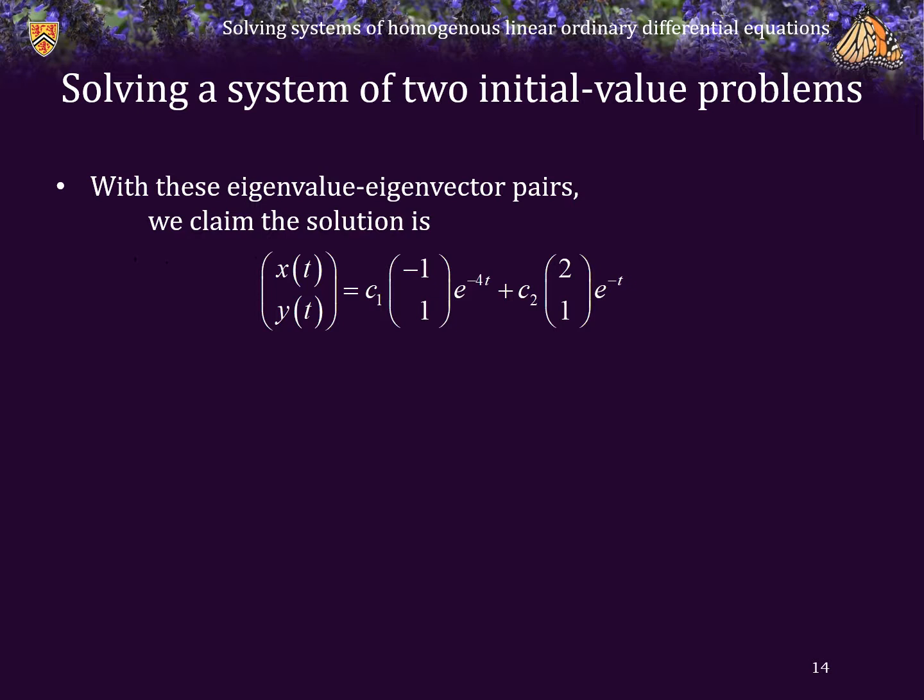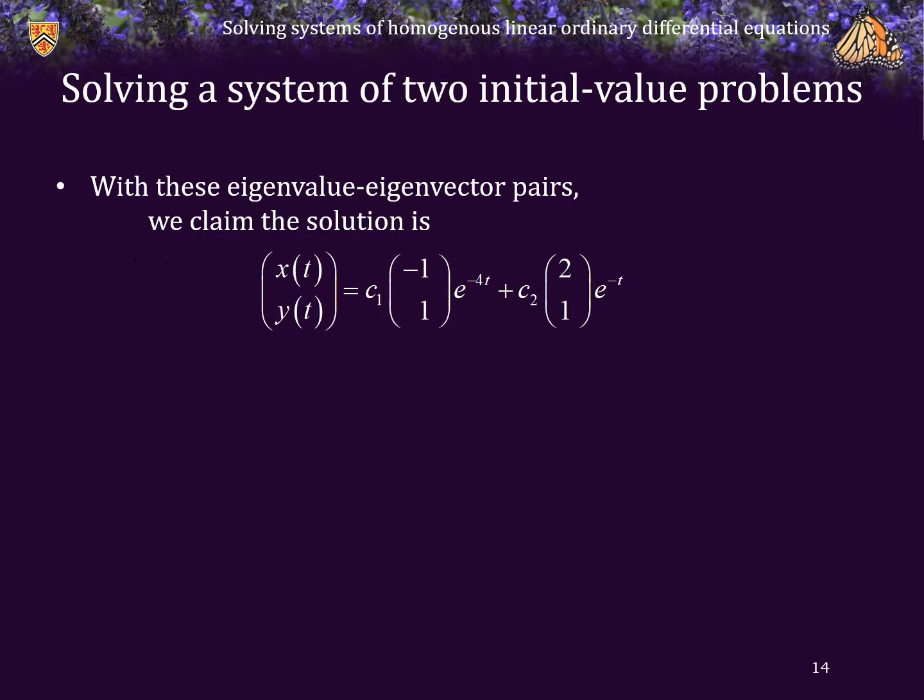Some unknown constant C1 times the first eigenvector times e to the first eigenvalue times t. So the first eigenvalue was -4, the first eigenvector was -1, 1. All of this is added to C2 times the second eigenvector 2, 1 times e to the second eigenvalue times t.